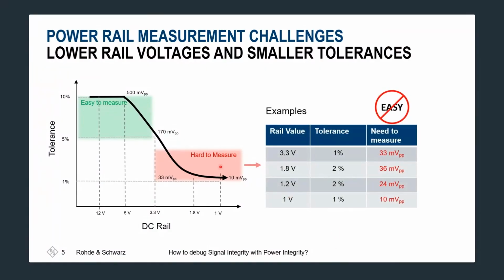So measuring 10% tolerance on 5V is 500 millivolt and thus simple to do on any scope. But measuring 1% tolerance on a 1V signal is 10 millivolt and therefore very difficult to do with most scopes, as the scope's internal noise impacts the measurement itself.